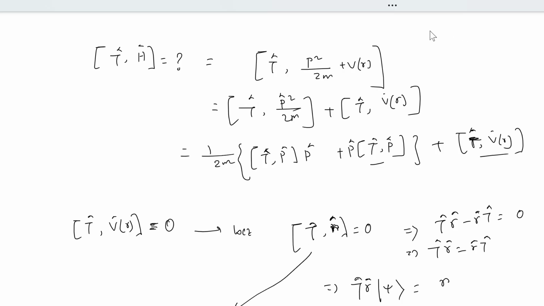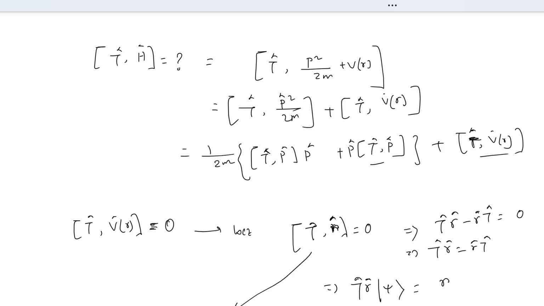Because you can always write it like this: the commutator of T and r acting on a state psi, defined as a function of position r, is T r minus r T acting on psi of r.